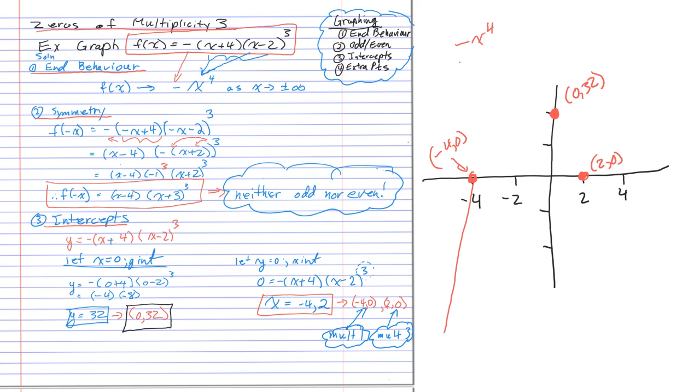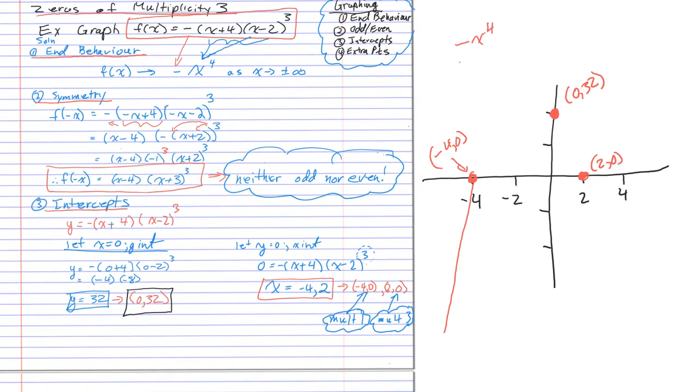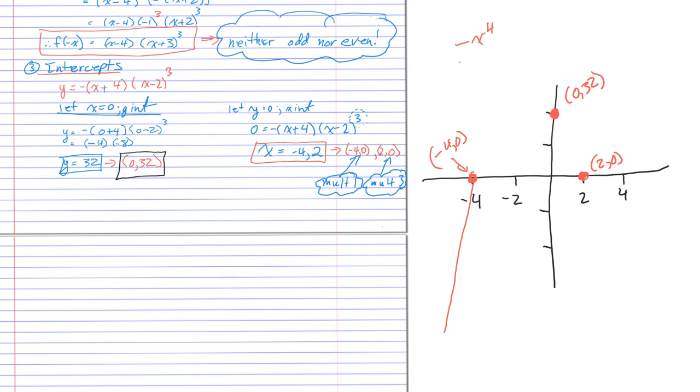So that was what we did with this portion of our calculation down here. So what we'll do is we'll calculate the extra points. You'll notice that I pick points in between our x-intercepts and y-intercepts in order to see what's actually happening with our curve.